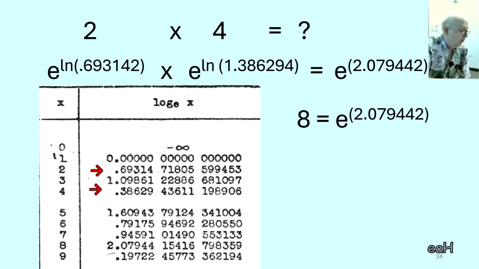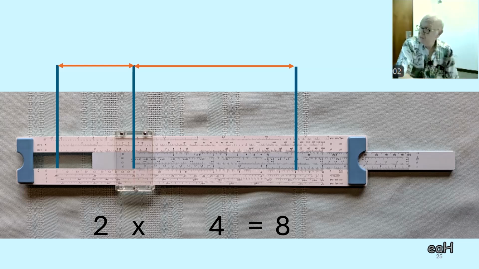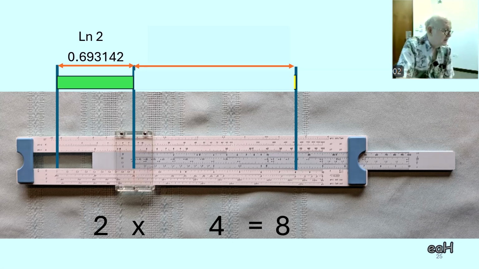So they didn't put the 1 there, but it's 1.3869629. And 8 is down there, 2.07944. So we now know that 8 equals e to the 2.079442.